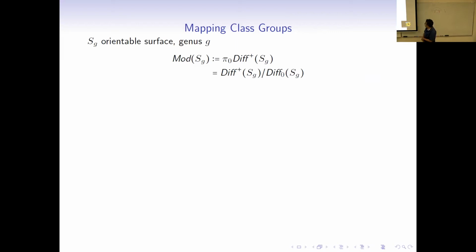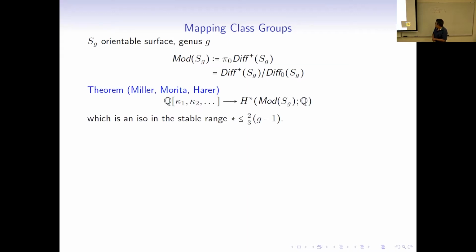That can also be thought of as the group of orientation preserving diffeomorphisms modulo the diffeomorphisms isotopic to the identity. This group is very important in low dimensional topology, has relations to Teichmüller theory and whatnot.